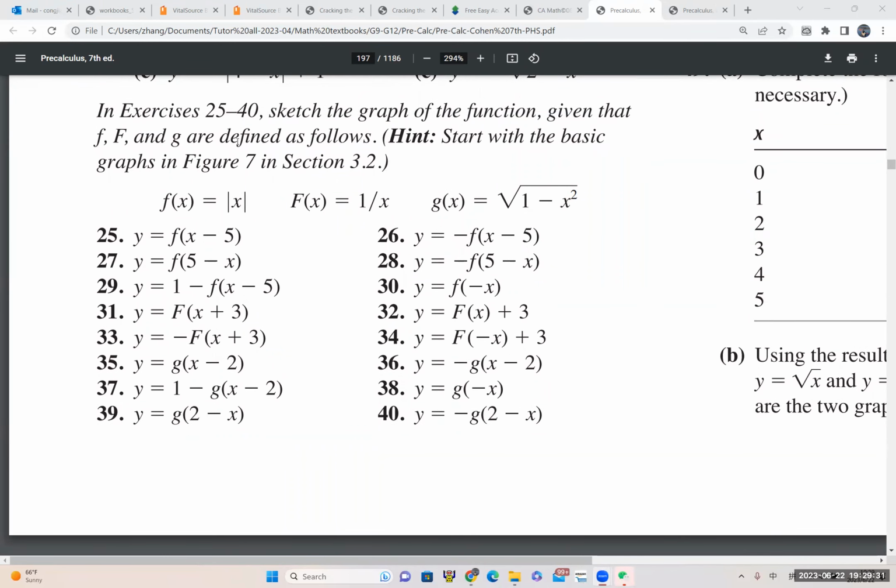Given that uppercase F and G are defined as follows. Hint: start with the basic one. This means basic functions.